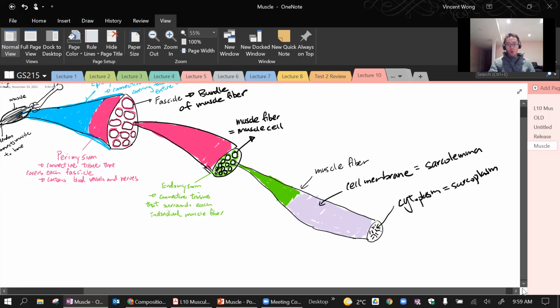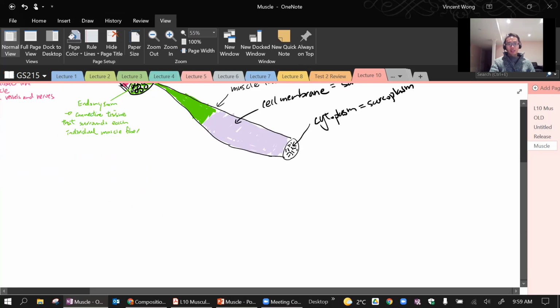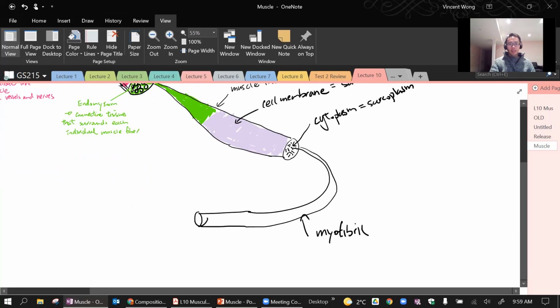I'm just going to pull one last one out. This is going to be called a myofibril, which is the contractile unit of muscle.